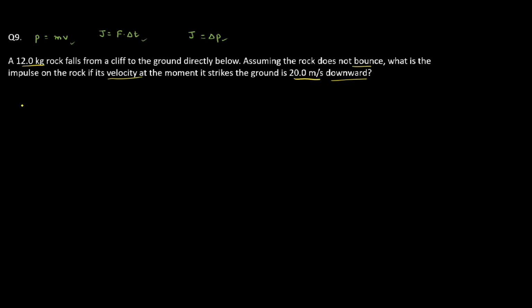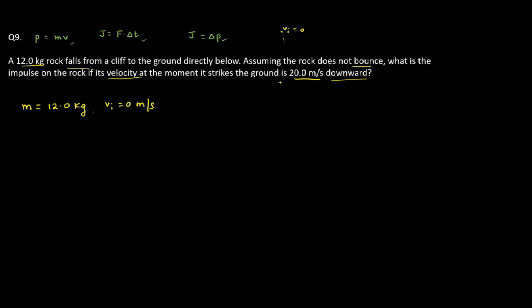You have the mass of the rock, m equals 12.0 kilogram. And since it falls from a cliff, initially the speed of the rock will be zero. Whenever anything is dropped or is falling from a height h, its initial speed we take as zero.